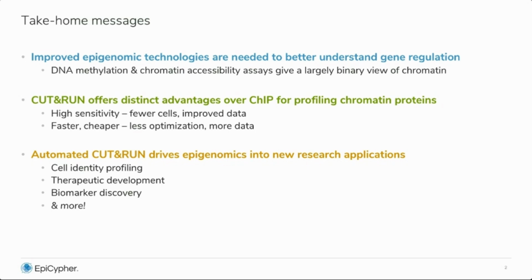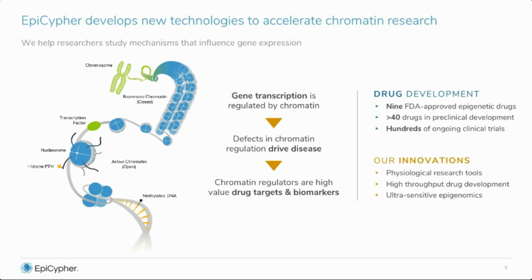And the most common method that people use to study this is ChIP, at least historically. But in recent years, a new technology called CUT&RUN has really been supplanting ChIP as the go-to epigenomic mapping assay. And then finally, the meat and potatoes of what I want to talk about is how EpiCypher has leveraged some of our proprietary technologies and unique expertise to automate CUT&RUN. And this is certainly enabled in large part, as Lori talked about, by the beads.